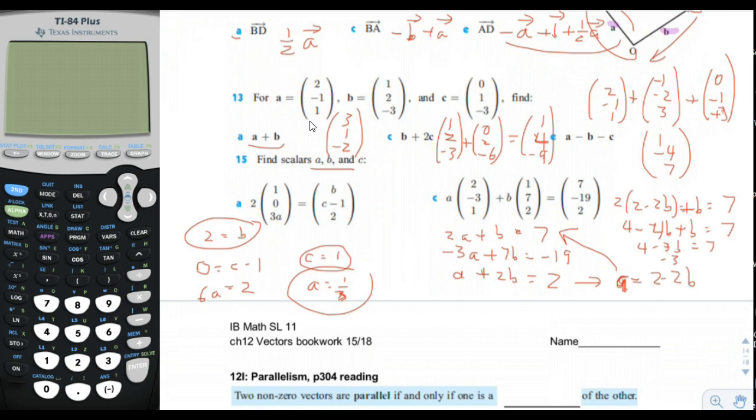So negative 3b is equal to 7 minus 4, which is 3. So b is equal to negative 1. Then a equals 2 minus 2 times negative 1, which is 2 plus 2, equal to 4. So a is equal to 4, b is equal to negative 1.